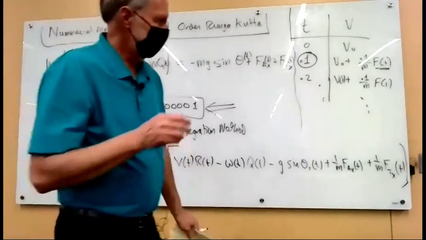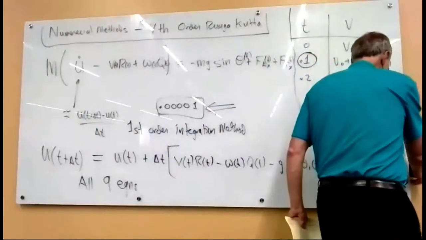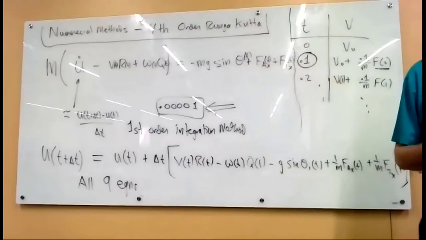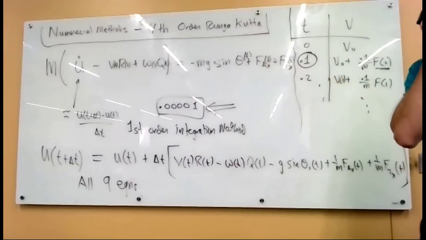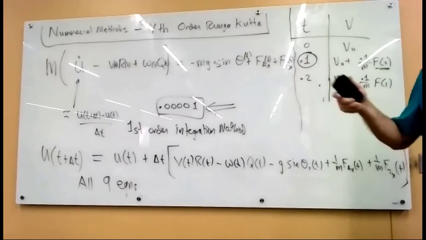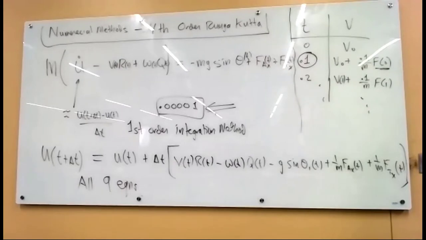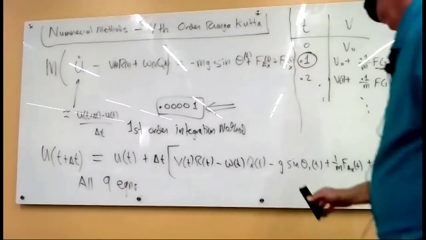And this kind of integration method is done so often that it's built into MATLAB. So you can go into MATLAB and put any nonlinear equation, dynamic equation in there, set it up and tell it to integrate it, and it will. And other packages will do that as well.